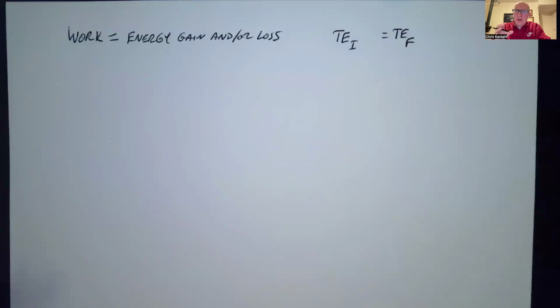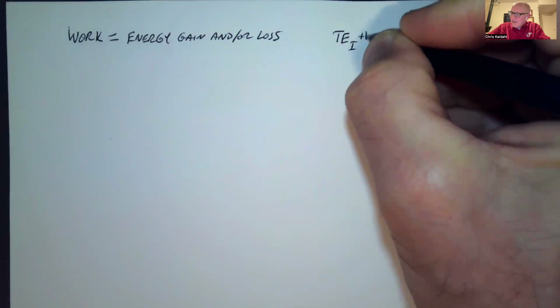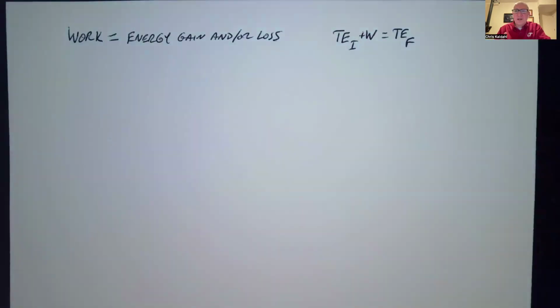But that equation was sort of incomplete at first because we didn't take into account the fact that sometimes things can gain energy, like a rocket taking off. It starts on the ground with no energy, no potential, no kinetic because it's on the ground not moving. The rockets ignite, and the next thing you know, the thing has both height and energy.